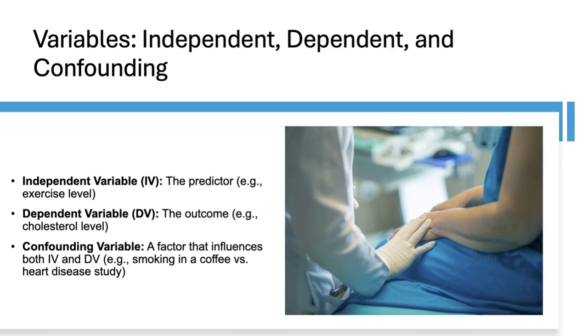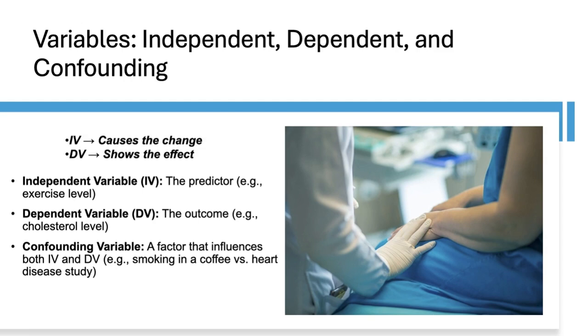Now, a confounding variable is a factor that influences both the independent variable and the dependent variable, and which potentially distorts the results. The independent variable causes the change. The DV, the dependent variable, shows the effect. And the confounding variable influences both.